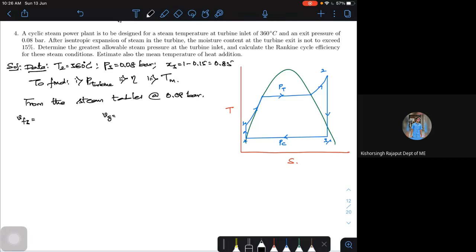VF3, VG3, HF3, HG3, then SF3, SG3. All these values, please tell me.